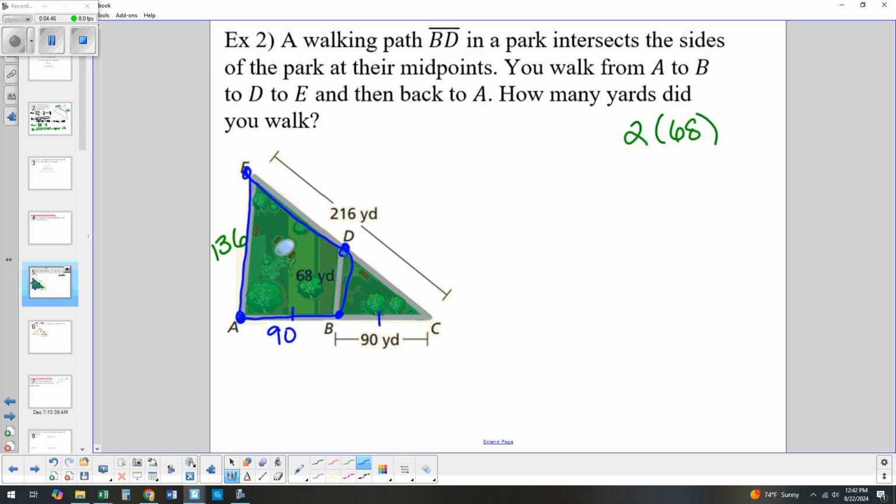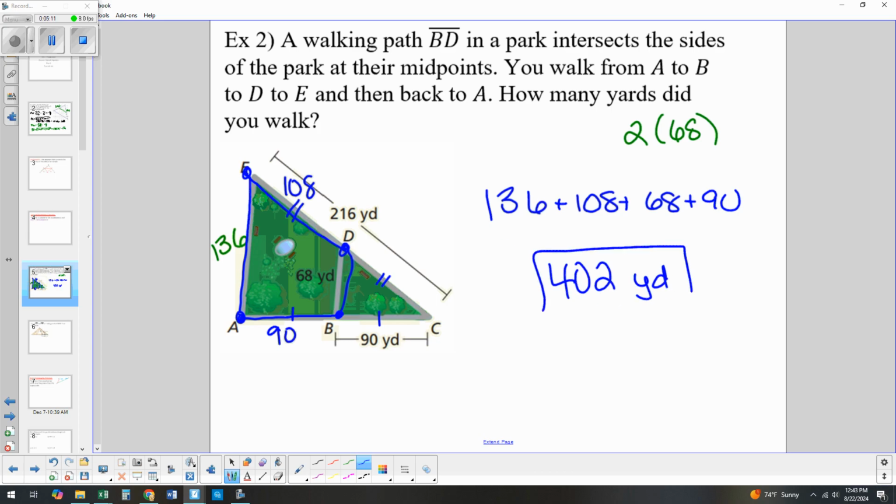And D was the midpoint of this side, so each of them would be half of 216, or 108. So now I could find how long we walked. 136 plus 108 plus 68 plus 90 on my calculator, and we get a total of 402 yards.